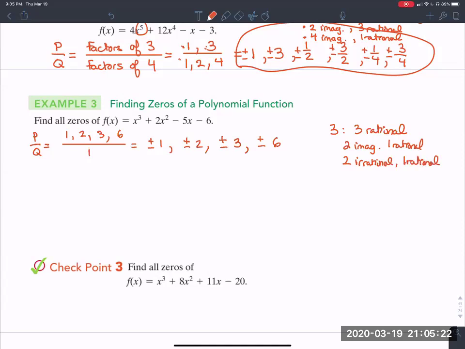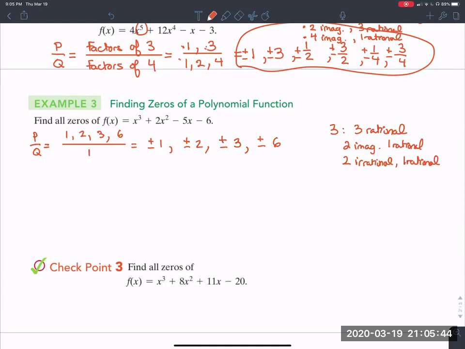So I've got a question: why can't I have 2 imaginary and 2 irrationals? Something to think about. Well, if I have 2 irrationals and 2 imaginaries, because they come in pairs, they have to come in twos, then that means I have 4 solutions, and that's larger than the degree of my polynomial.